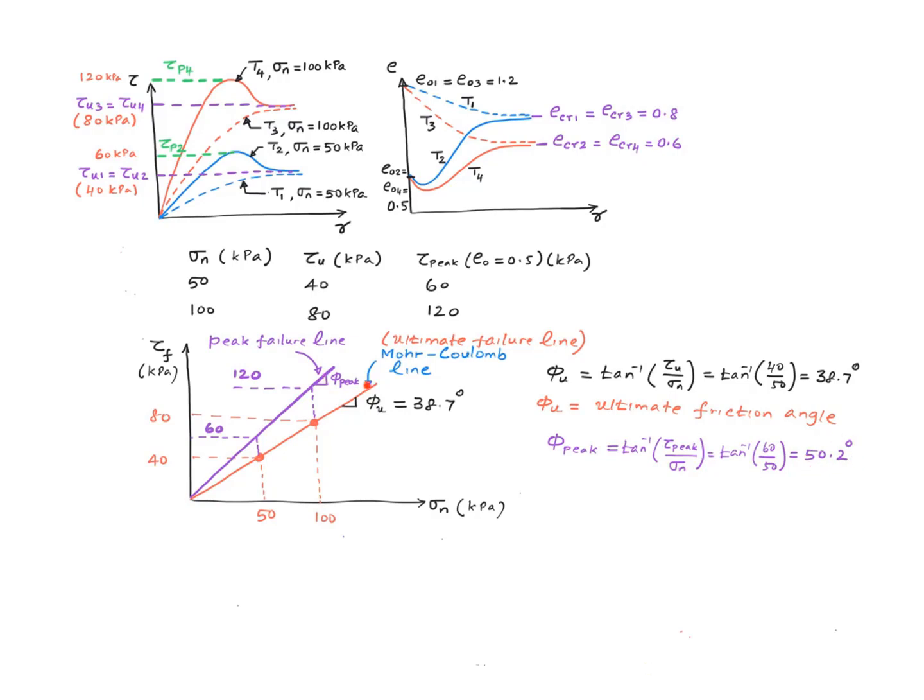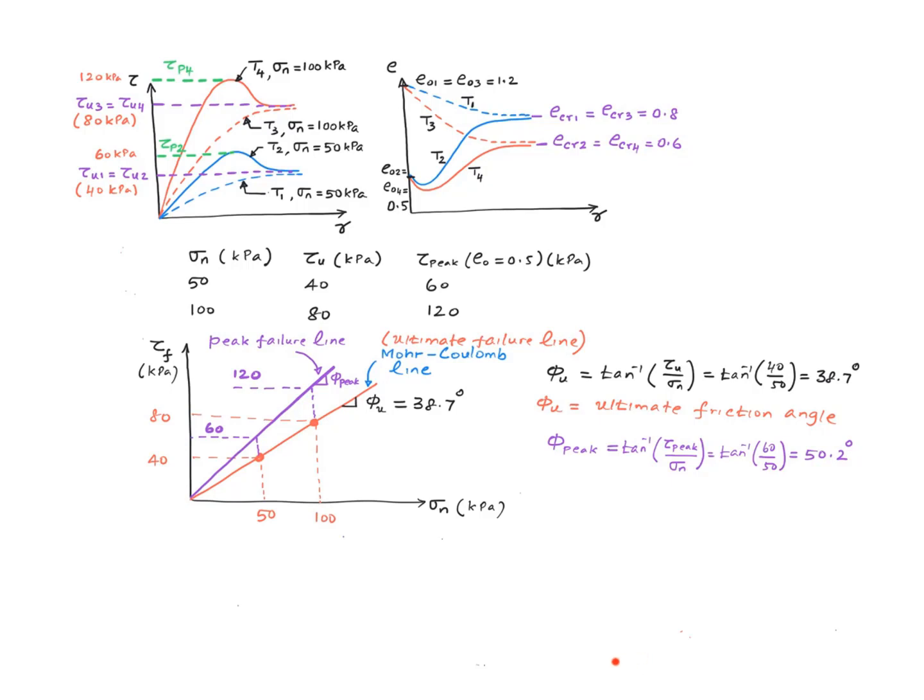Is the peak going to be very different from the ultimate friction angle? We know the value of the initial void ratio for both of these tests is 0.5. So it turns out that the difference between phi peak and phi u depends on how different this initial void ratio is from the critical void ratio. But the critical void ratio depends on the initial confining pressure.